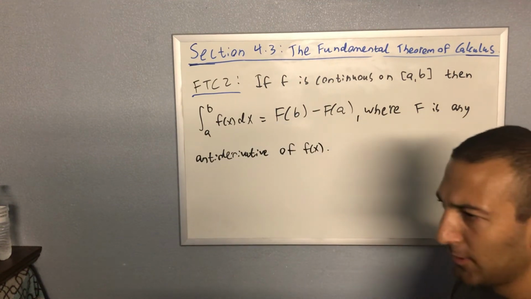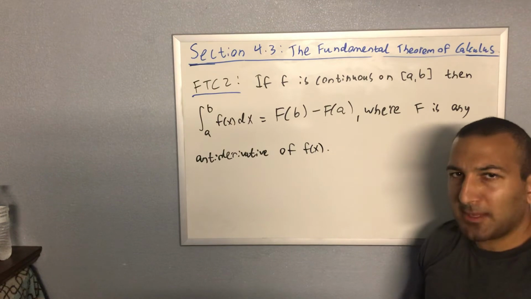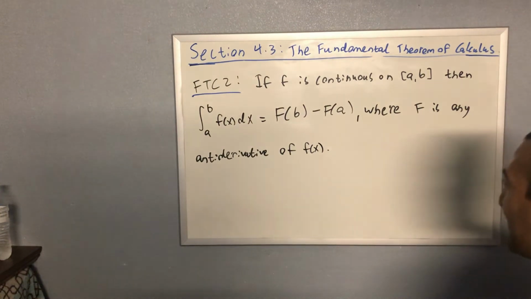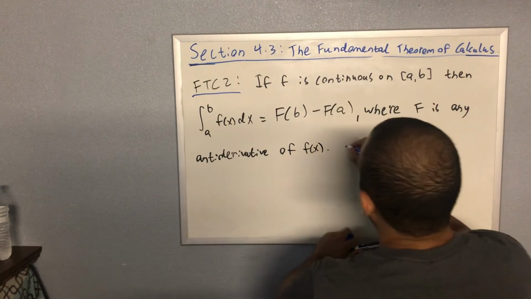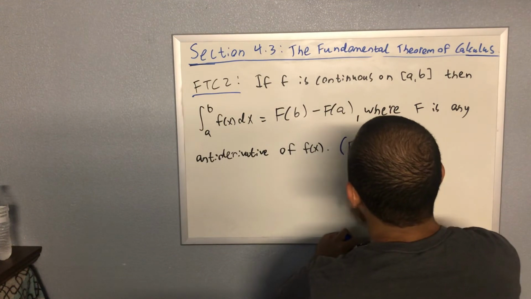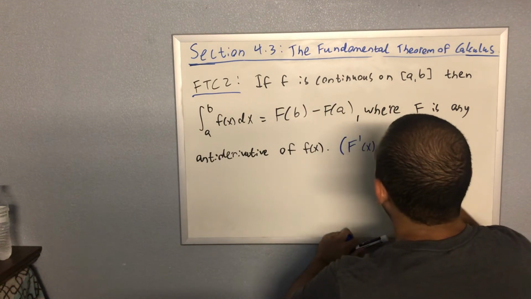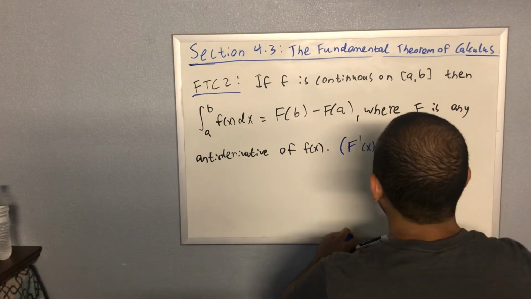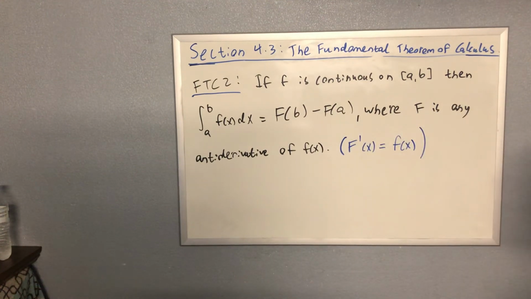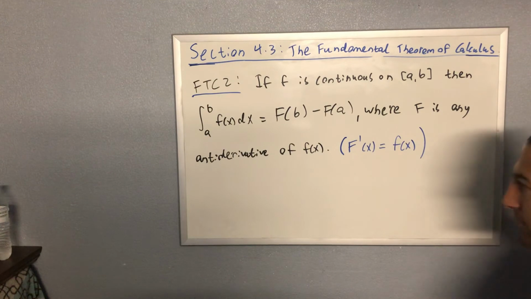What does it mean to be an antiderivative of f? It meant that if you take the derivative, you get back this guy. So F prime of x is f of x. Let me give you an example.